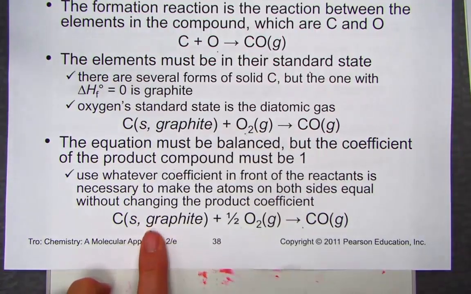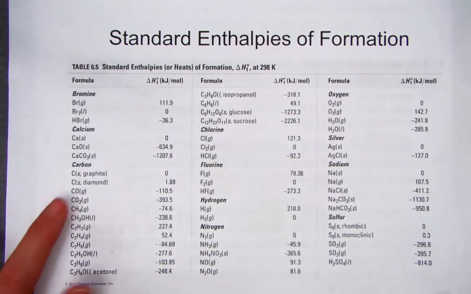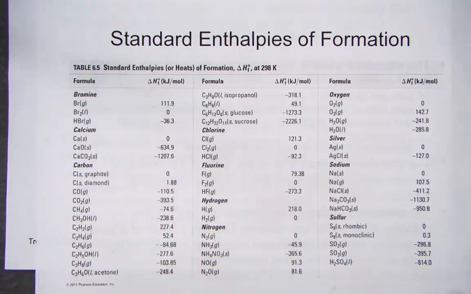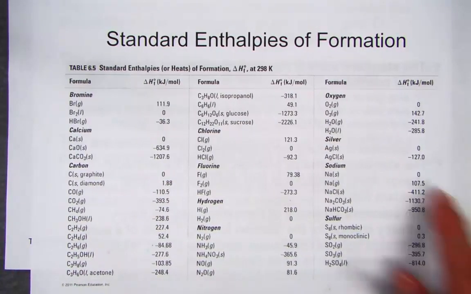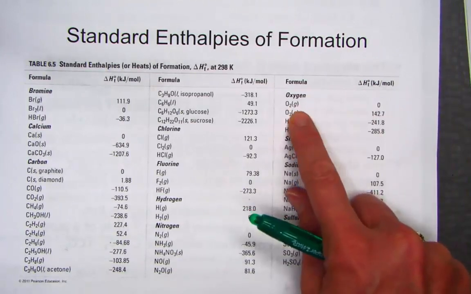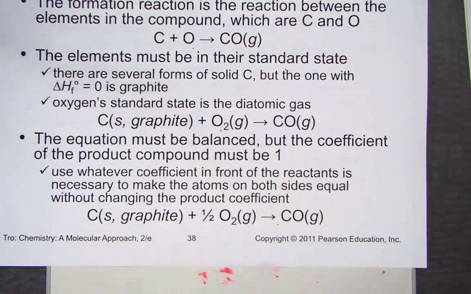Carbon, in its natural state, is graphite. The heat of formation is 0. Again, if you're not sure, it's found in our appendix. Oxygen, in its standard state, is a diatomic molecular gas. It is 0 when it's O2 as a gas, and I don't see it written any other way, so that's my only choice, to write it as O2 as a gas.